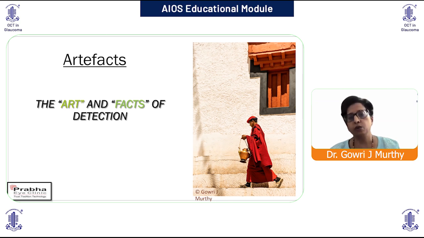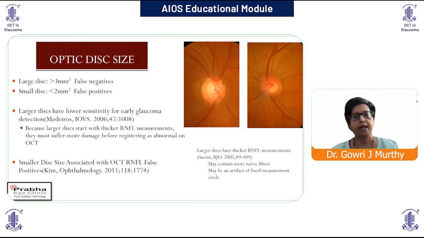Also, the errors in OCT images of the optic nerve head and RNFL can be classified as acquisition or operator related, artifacts due to pathology or anatomical features of the eye, and artifacts due to machine related factors. As we all know, optic disc size is very variable.